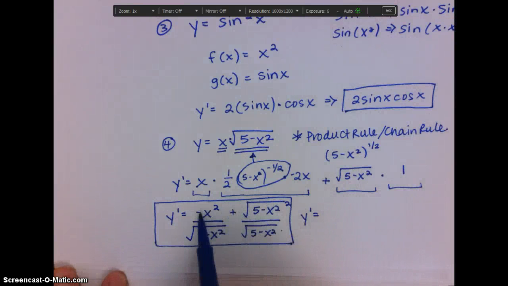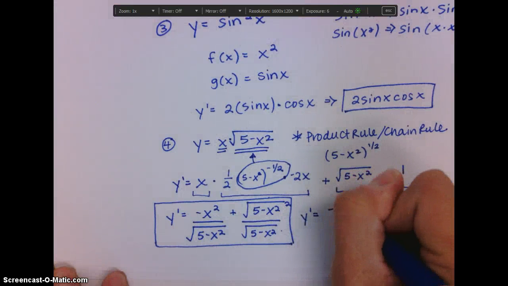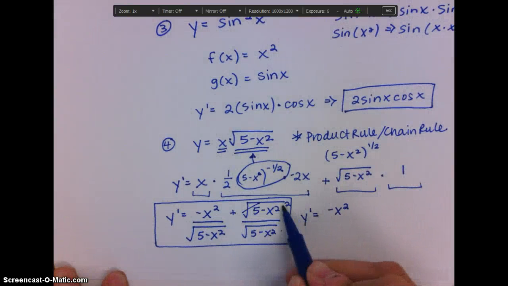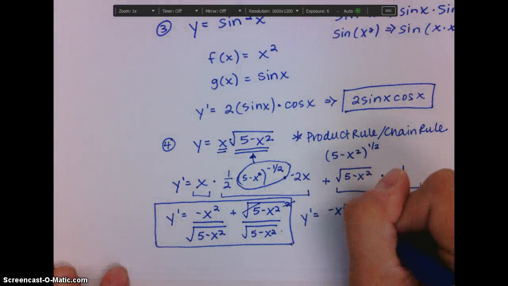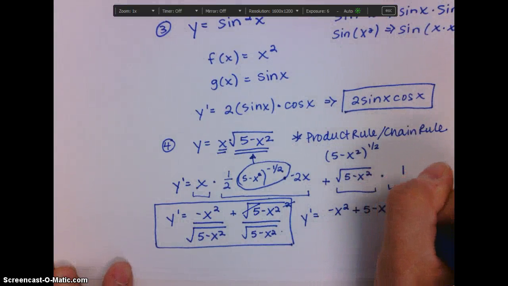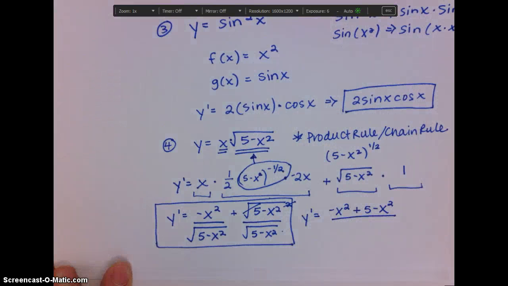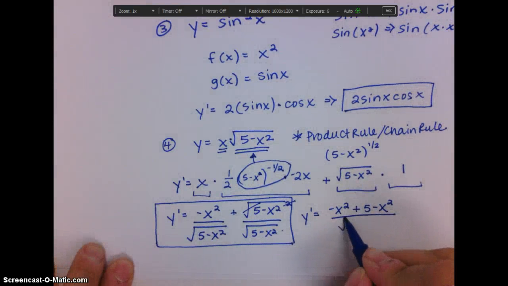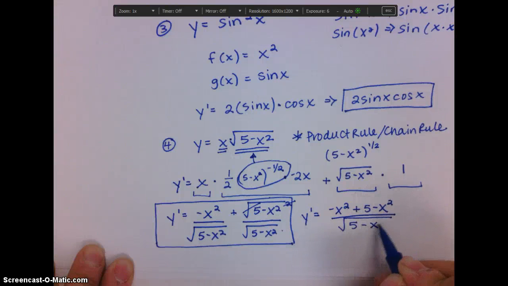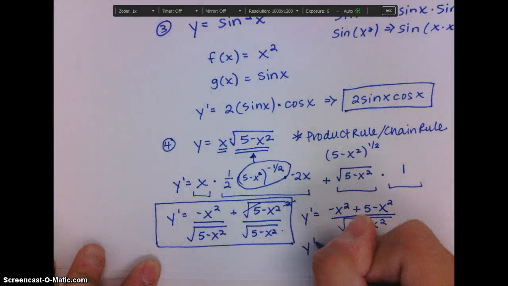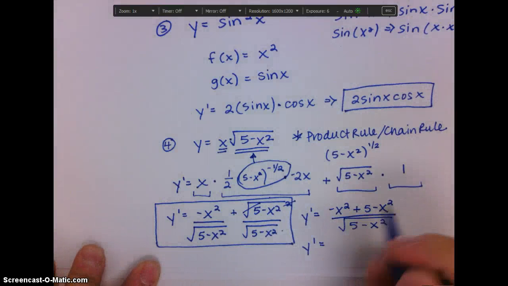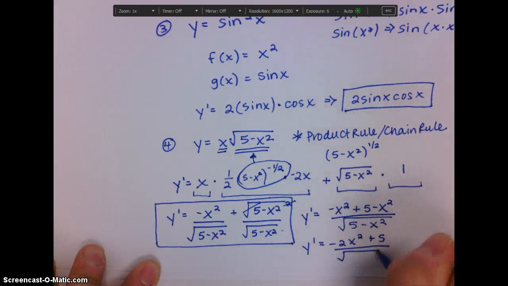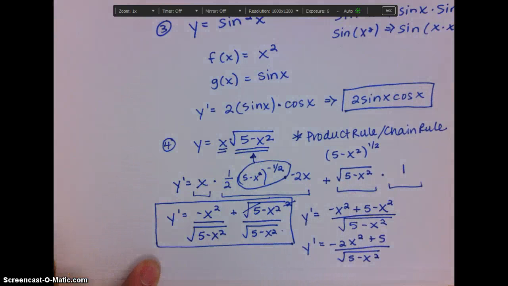I can combine these numerators, but also I'm squaring a square root, which cancels out, and so I have negative x squared plus 5 minus x squared. And the denominator stays the same. Alright, finishing it up. Negative 2x squared plus 5 over the square root of 5 minus x squared. And there's my derivative.